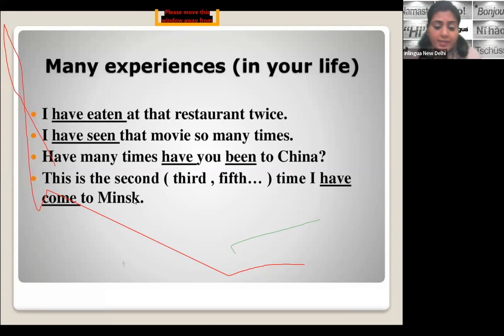Now, these are all repeated life experiences, the same experience again and again. That means multiple experiences. Even here, we are using the present perfect tense. Have seen, have eaten, have visited, have been, have come. So, this is the second case where we use present perfect.